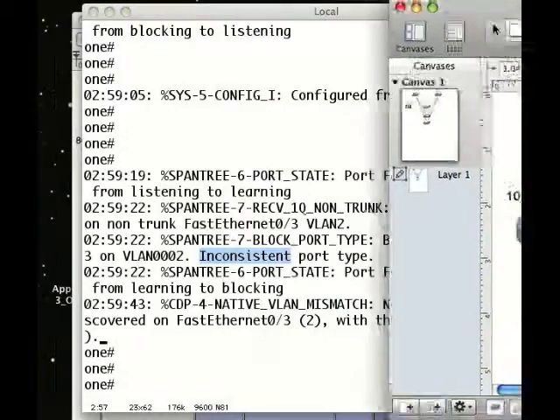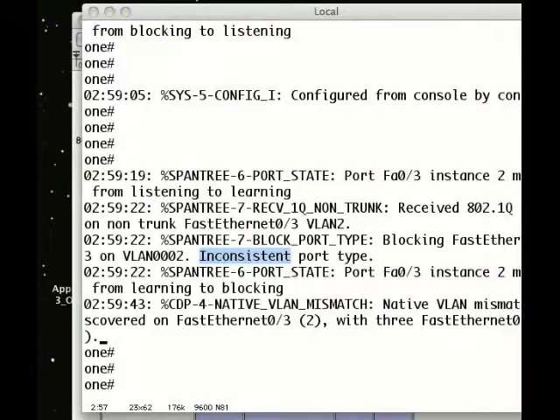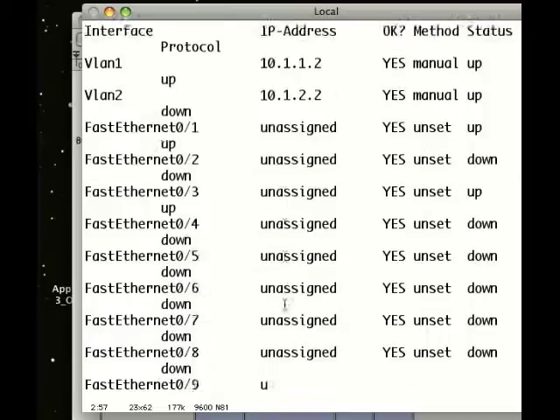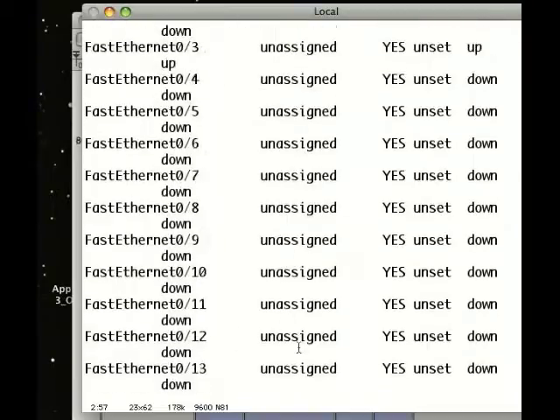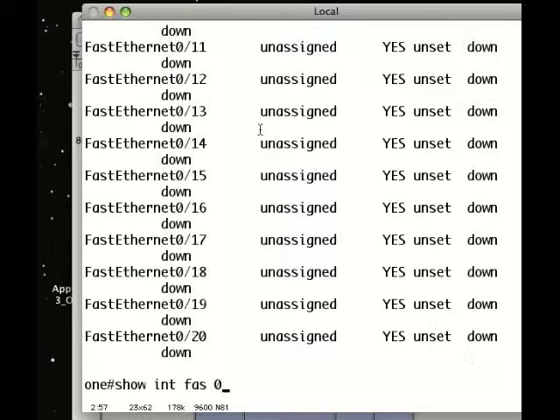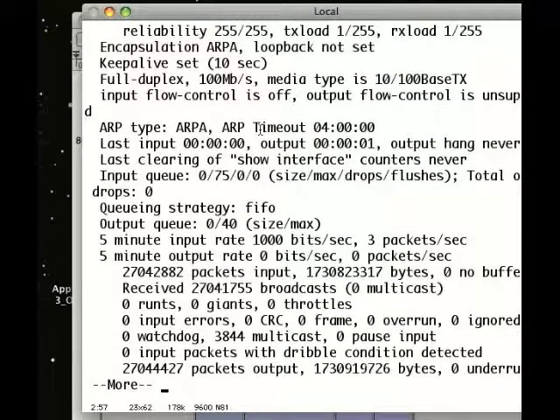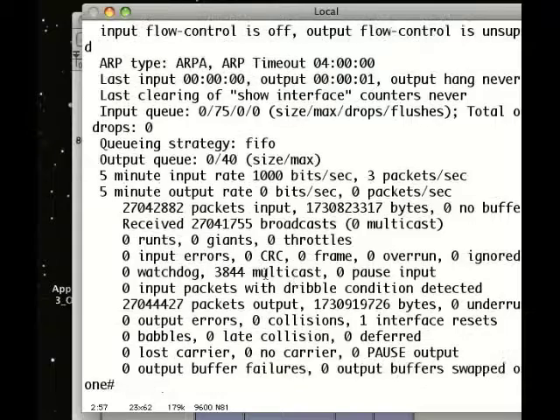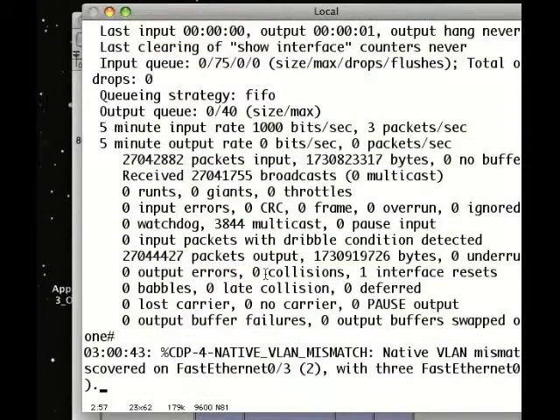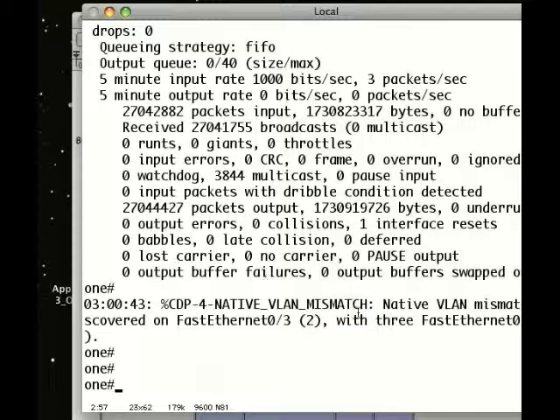And you get these native VLAN mismatch errors. So show ip int brief. Show int fast0/3. It's up. And I'm getting continuous native VLAN mismatch error messages.